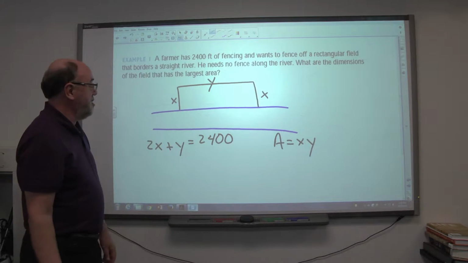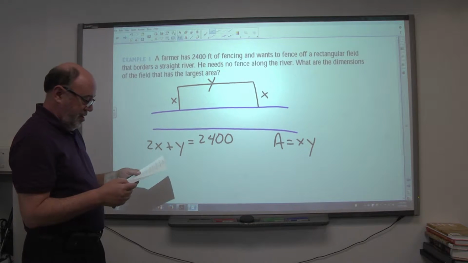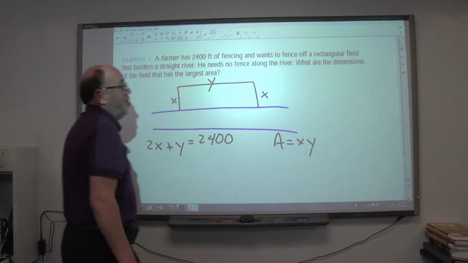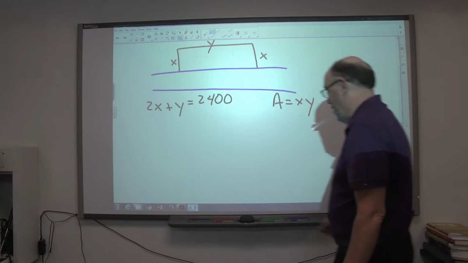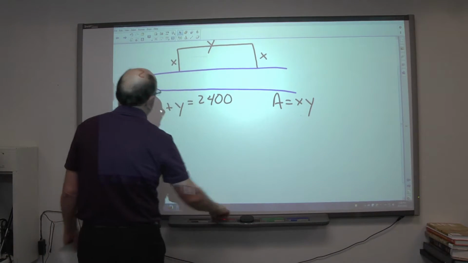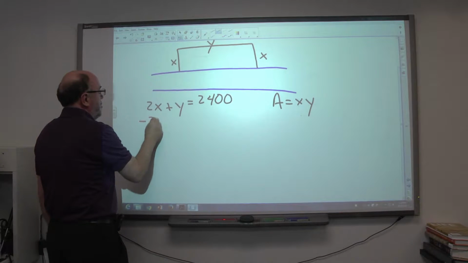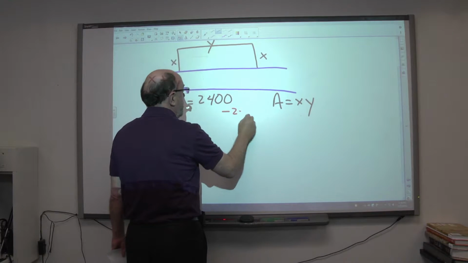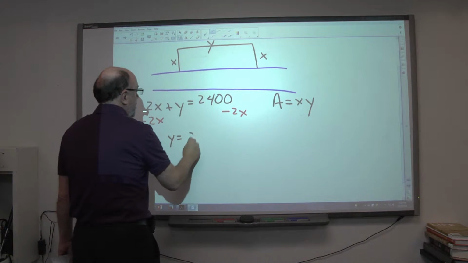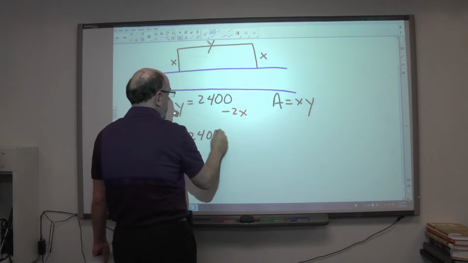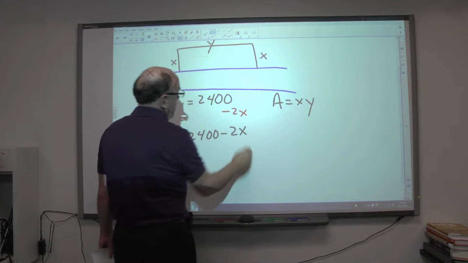So we need to make it in terms of one variable. And so we're going to take our perimeter equation and solve it, in this case, for y. So subtract 2x. And so y is going to be 2,400 minus 2x.